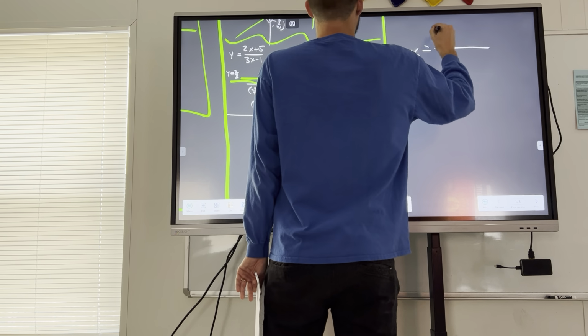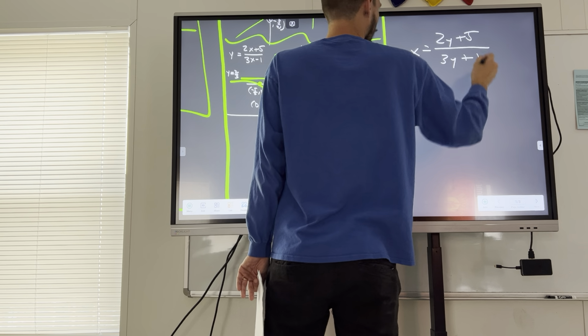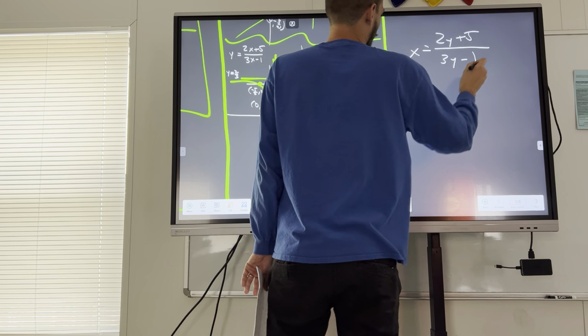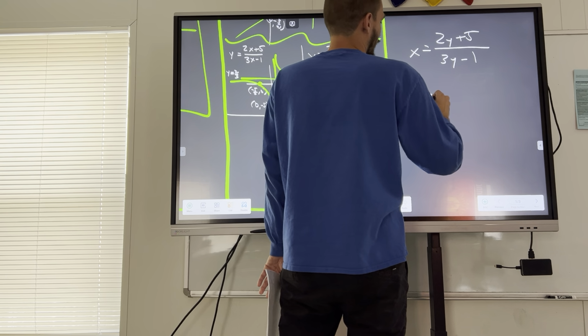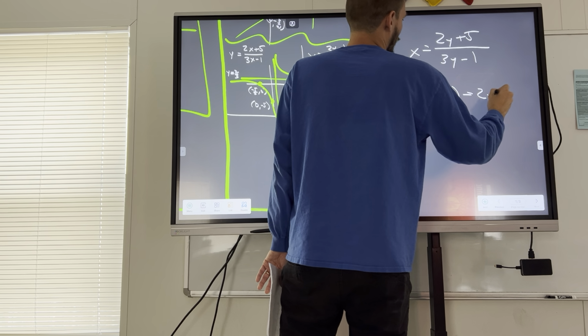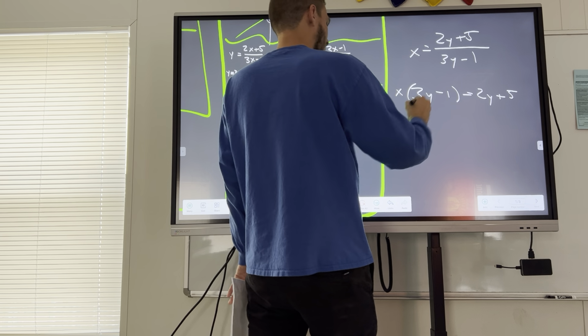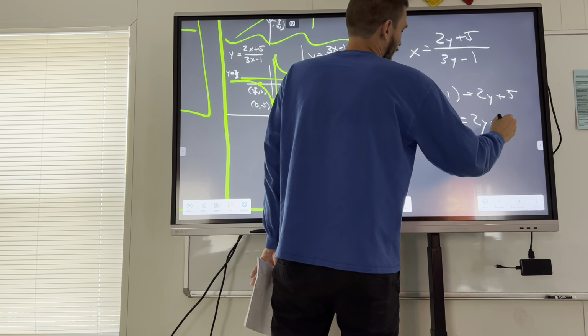X equals 2y plus 5 over 3y minus 1. We've done these. Multiply the other side. 3y minus 1 times x equals 2y plus 5. Distribute: 3xy minus x equals 2y plus 5.